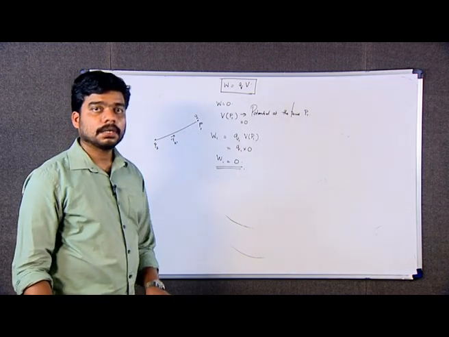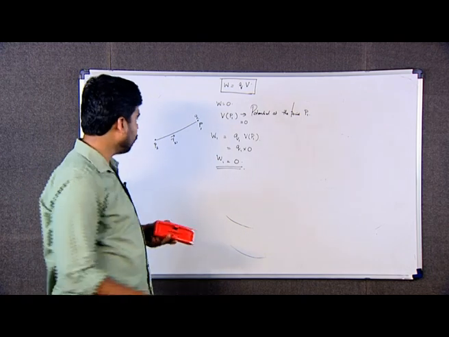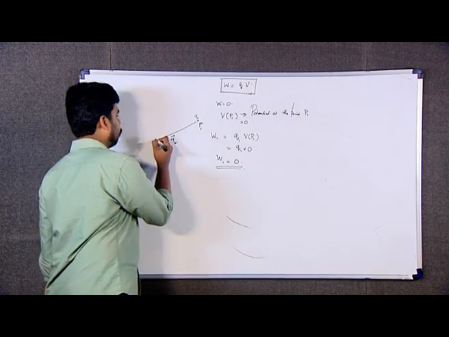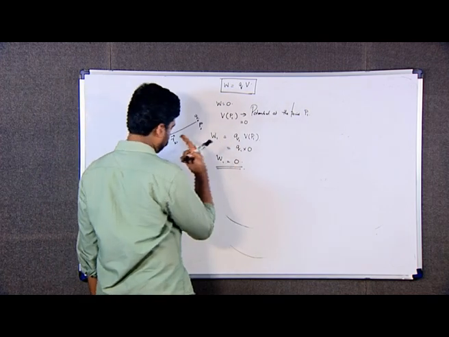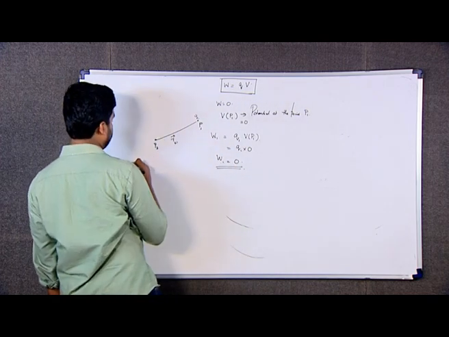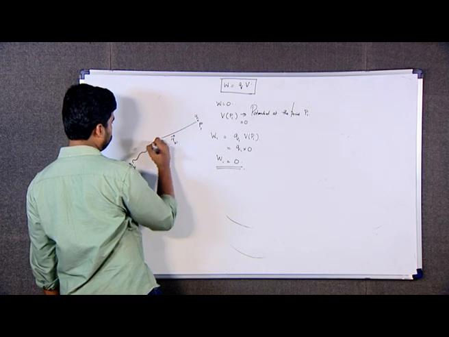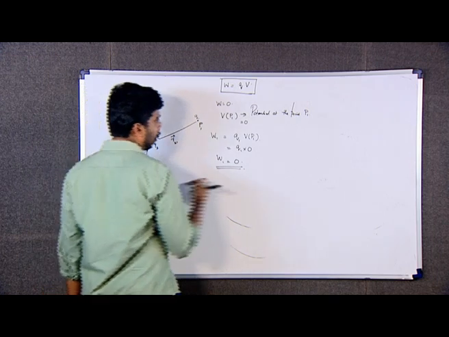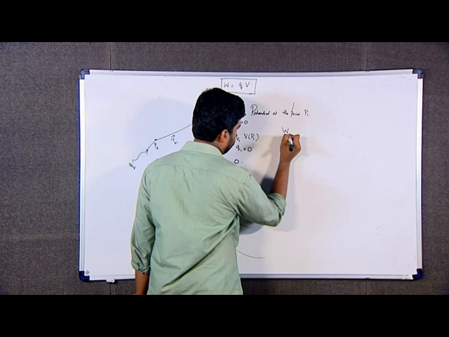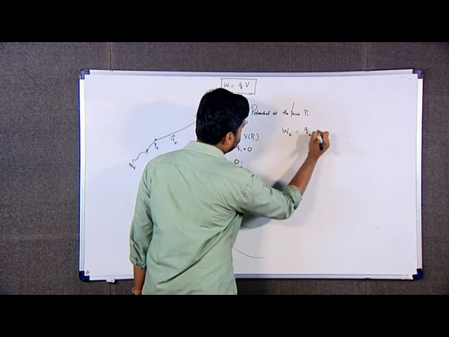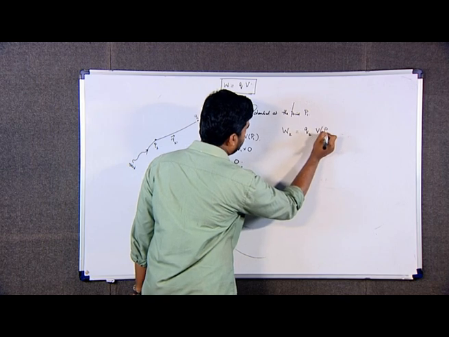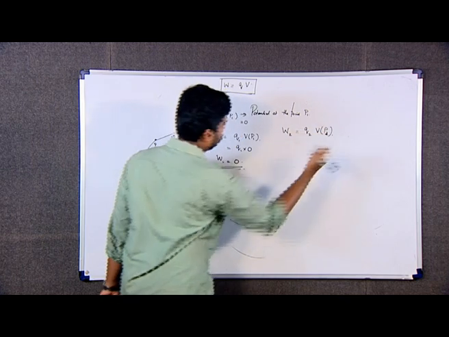So, what is the work done to bring a charge Q2 to the point P2? I should do a work which is equal to W2, which is equal to Q2 into the potential at the point P2.